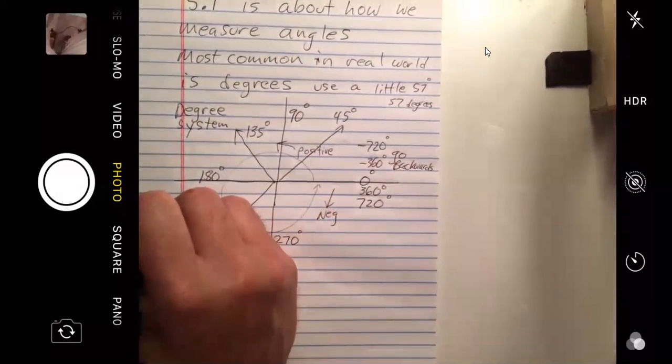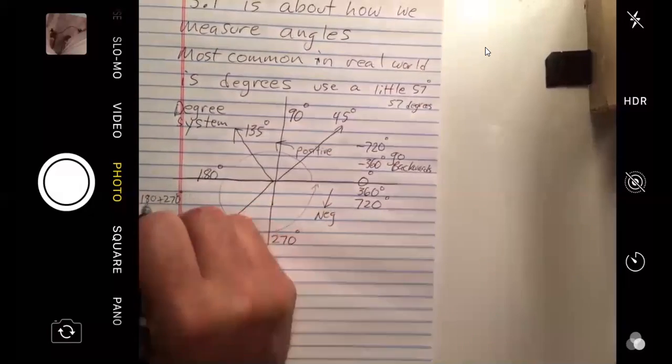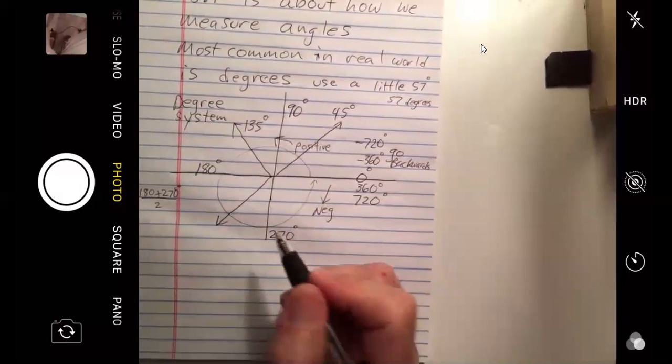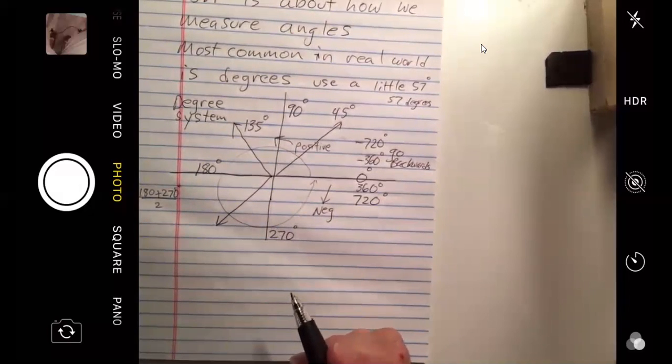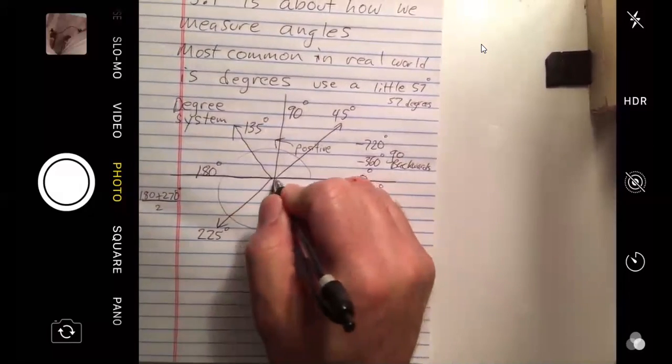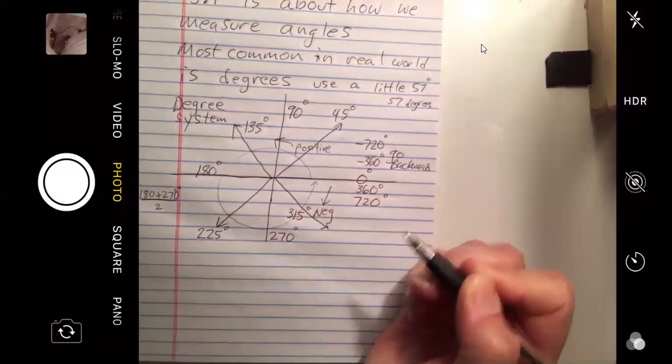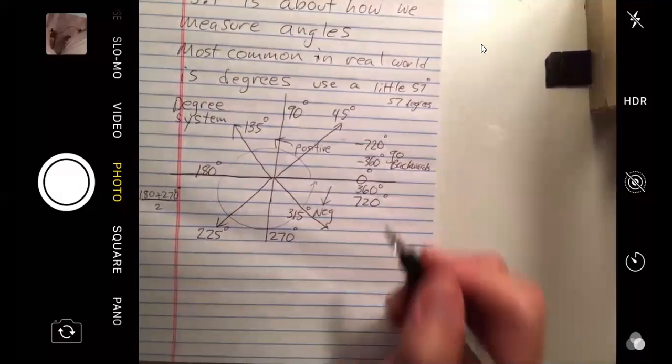You can always average it. 180, add 270. I used to have this memorized. I divide by 2. I think you're at 240. Add 270, divide by 2, you're at 225. Yeah, that's right. I'm embarrassed I didn't know that instantly. And then this is, I believe, at 315. Once again, halfway, 270, add 360, divide by 2, you're at 315 degrees.